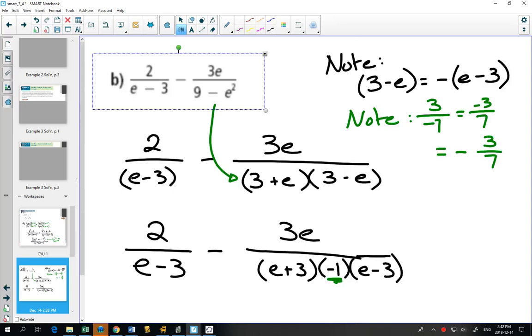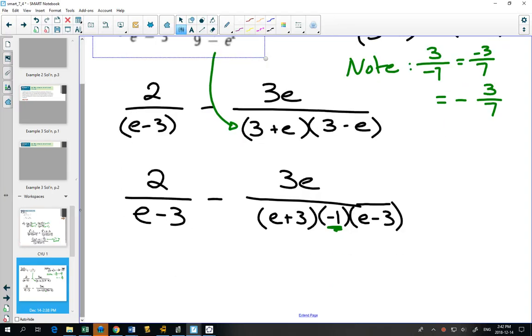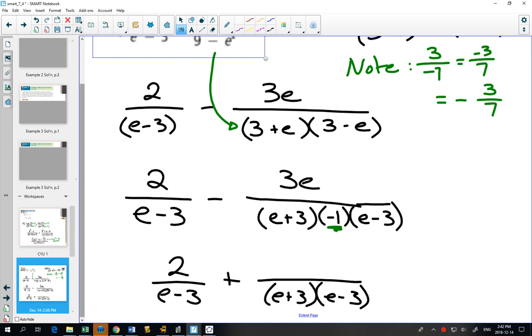It would become positive. So that's the thing that I'm going to do next. 2 over e minus 3. I'm going to take that negative and move it out in front of my fraction so that I'm adding instead of subtracting.